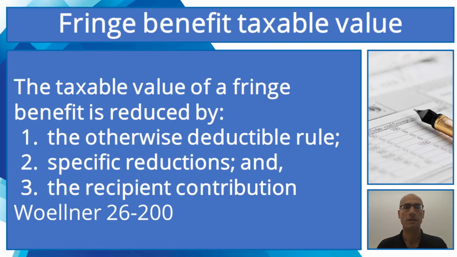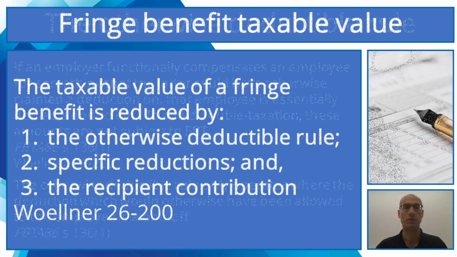And the three that we'll talk about here are what's called the otherwise deductible rule, which I'll talk about in more depth shortly, some specific forms of reductions for specific types of fringe benefits, and, most obviously, the recipient contribution, and that's the amount that the recipient, the employee, ends up actually contributing towards that particular benefit. We'll talk about each of these in turn.